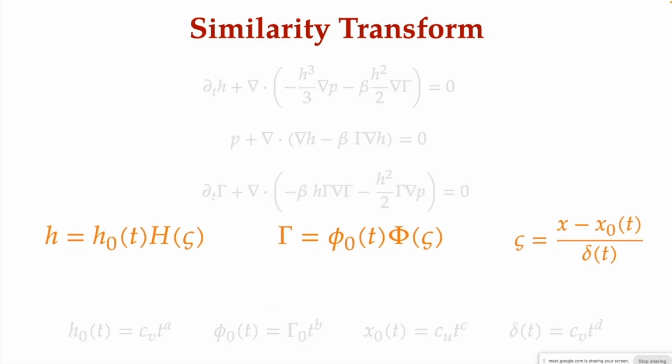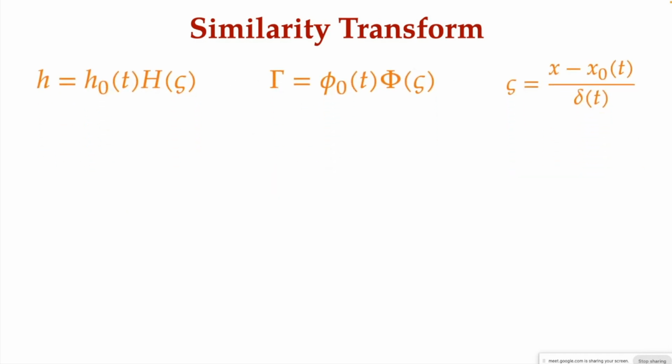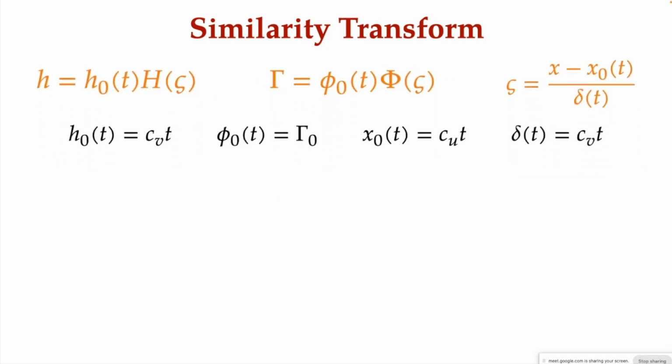Once we substitute this to get consistent self-similar equations, we get this. Basically, h0 should be linear, x0 should be linear, delta should be linear, and your surfactant profile should be independent of t.